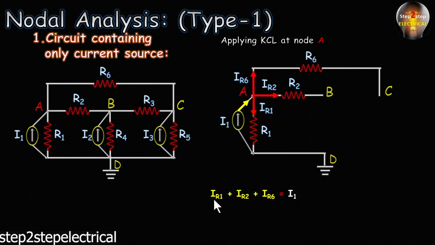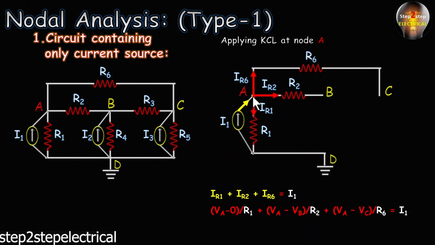Now we will replace IR1, IR2 and IR6 by their values using Ohm's law. IR1 is equal to VA minus 0 upon R1.